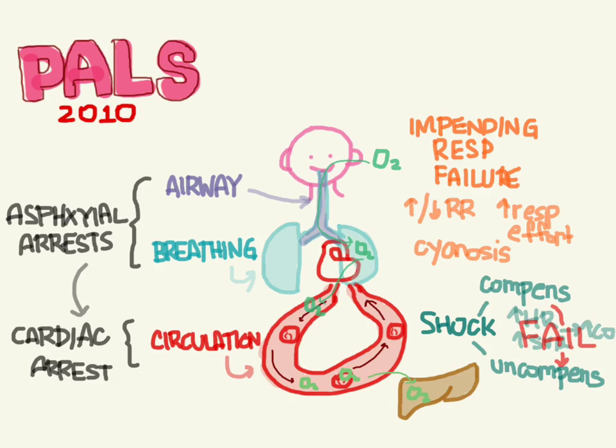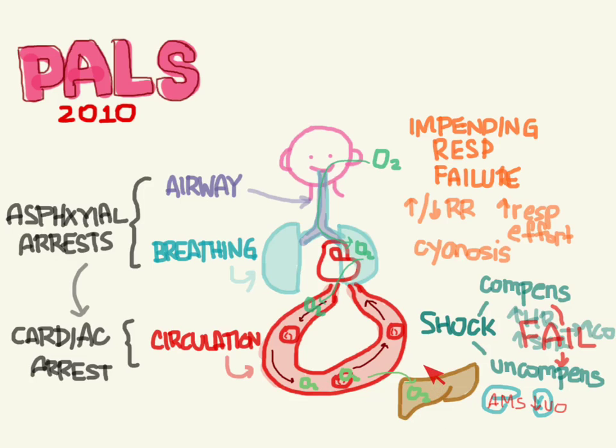And so now you're going to see the effects of the end organs not getting enough oxygen. So if the brain doesn't get enough oxygen, then you're going to see altered mental status. And when the kidneys don't get enough blood, you'll see decreased urine output. And without oxygen, we're going to move away from aerobic metabolism and going to anaerobic metabolism.